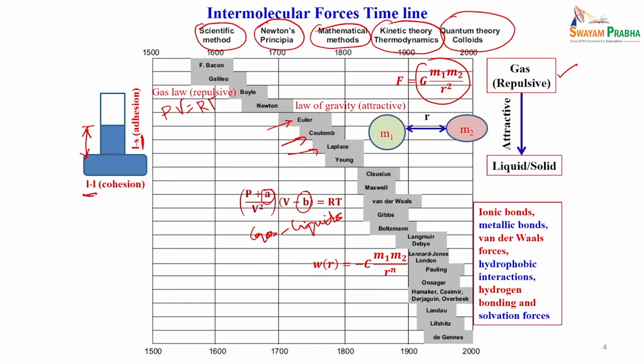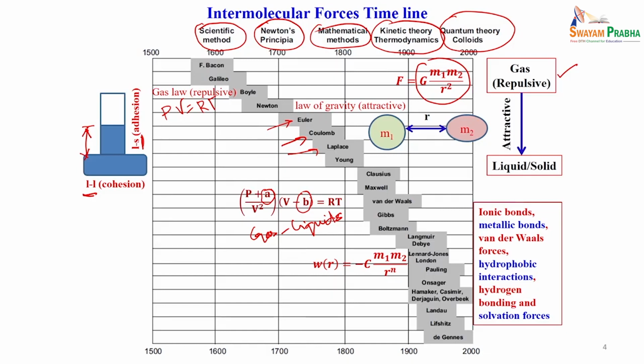Then followed by the 18th and 19th century, we had kinetic theory of gases and thermodynamic principles. So here we tried to relate how these intermolecular interactions affect and define the physical and chemical properties of a system. That we studied in the 19th and 20th century.